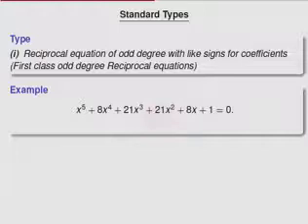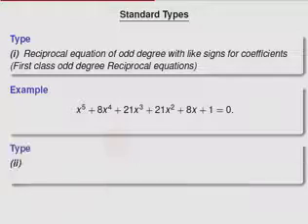Therefore, this one is a first class odd degree reciprocal equation. That means odd degree with like coefficients, positive sign, a0 is equal to an, a1 is equal to an minus 1, a2 is equal to a suffix n minus 2.